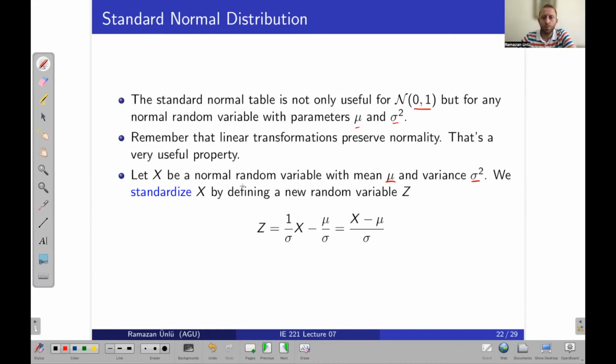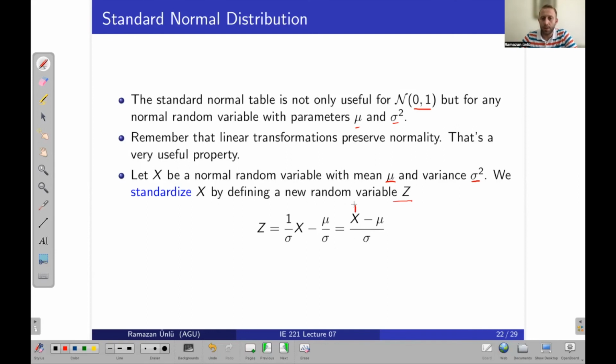Let X be a normal random variable with mean mu and variance sigma squared. We can standardize X by defining a new random variable Z as follows. Z will be equal to X divided by sigma minus mu divided by sigma, which is equal to (X minus mu) divided by sigma.